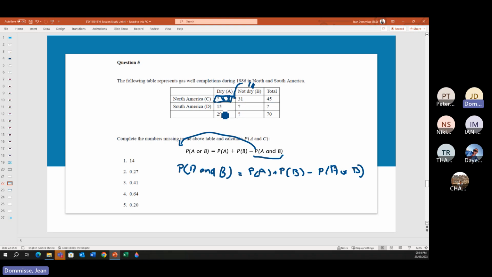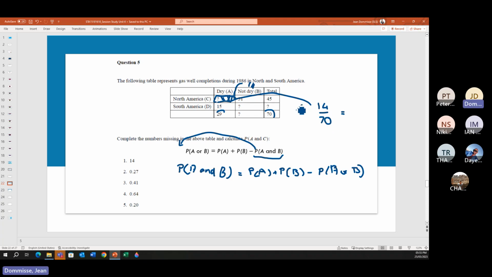Could have done the same from the other side: I've got 15 there, what must I add to 15 to get to 29? That is 14. Then all I do to work out that probability is say the probability of the AND must be the 14 divided by the total sample.